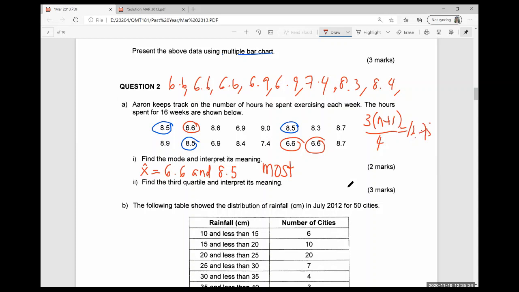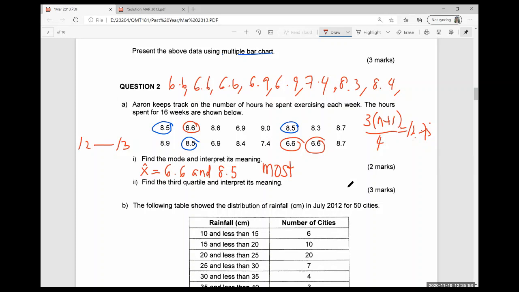So you have to look at the location for the 12th position and also for the 13th position. So you have 16 data, right? So that means you have to find the value on the 12th and 13th position.